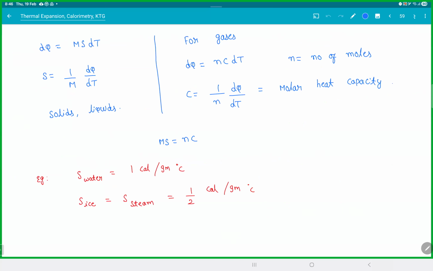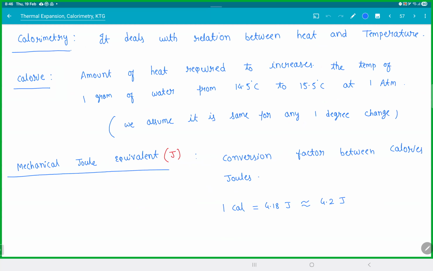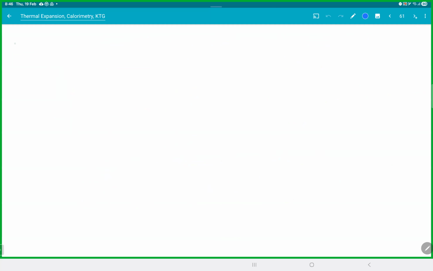So again, remember the only thing I taught you, dQ is m s dT. You kept a rod here. Mass m, length L, alpha, which is the coefficient of linear expansion.